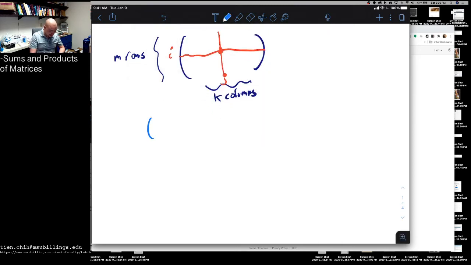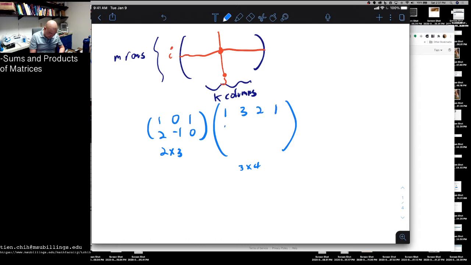So let's say I have [1, 0, 1; 2, -1, 0]. So let's say I have a 2 by 3 matrix, and let's do something that's 3 by 4. So this is 2 by 3, and this is 3 by 4. So [1, 3, 2, 1; -1, 0, 0, 2; 0, 2, 0, -3].